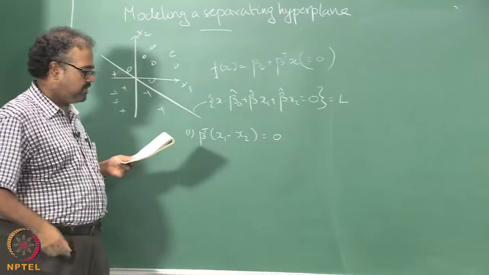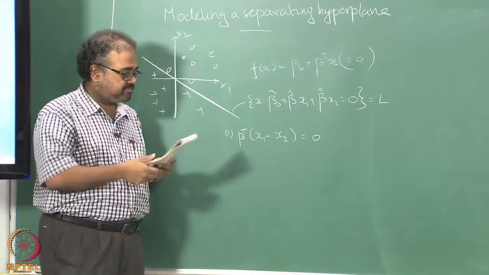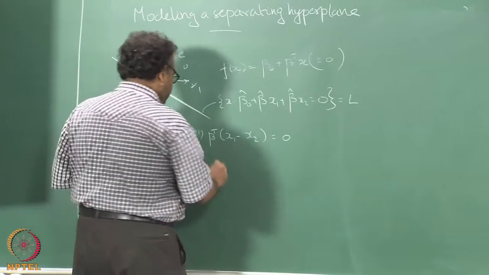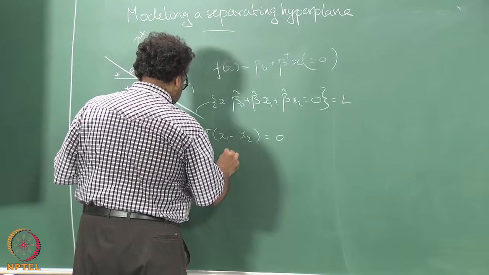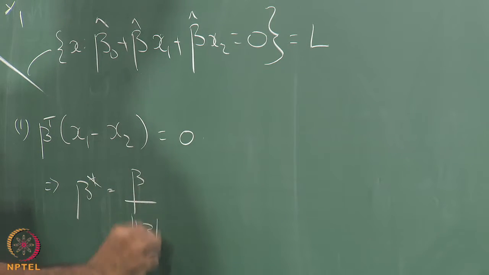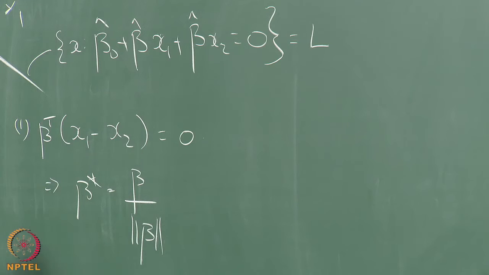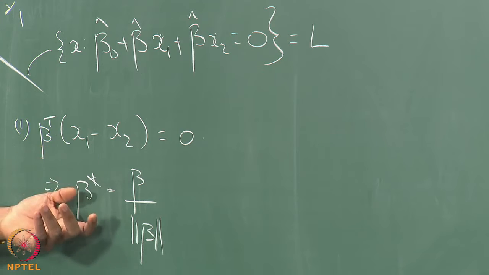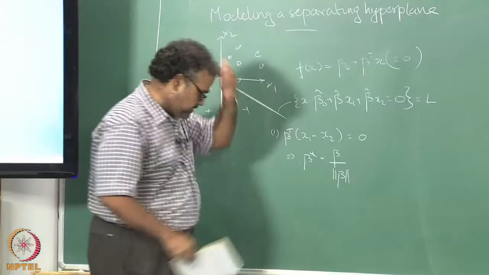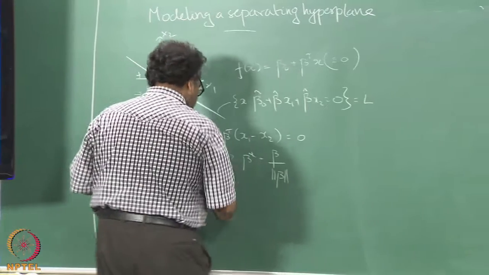So what does it mean? Beta is actually a normal to L. So beta is normal to L, perpendicular to L. And beta star is the unit direction, the unit normal.